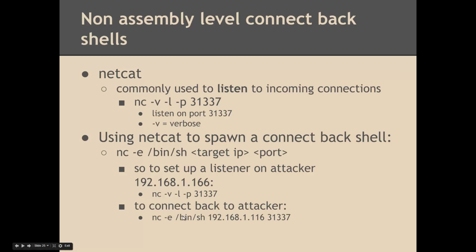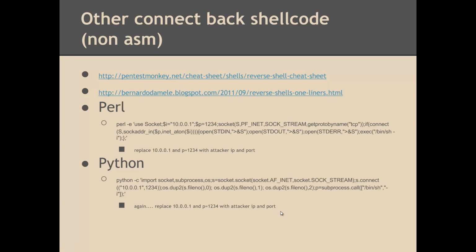So if you have the ability to inject system commands to a target web application, you can tell it to spawn /bin/sh and tie its input and output back to the attacker.